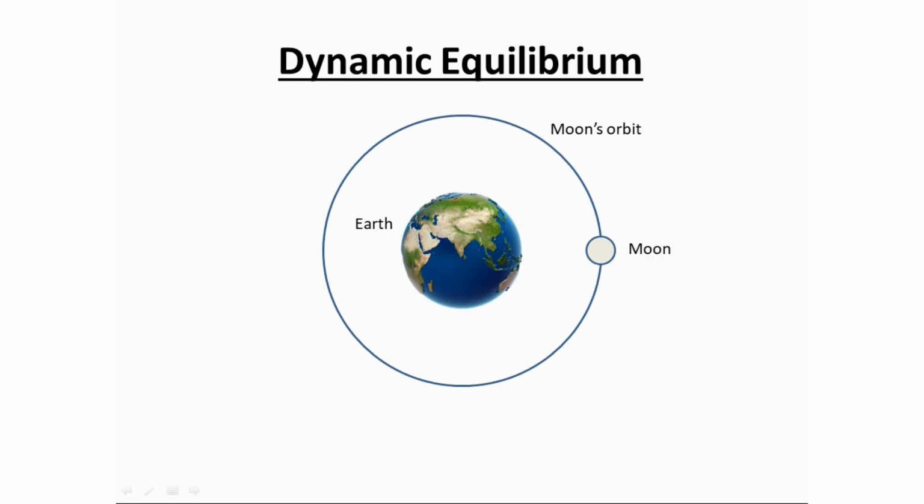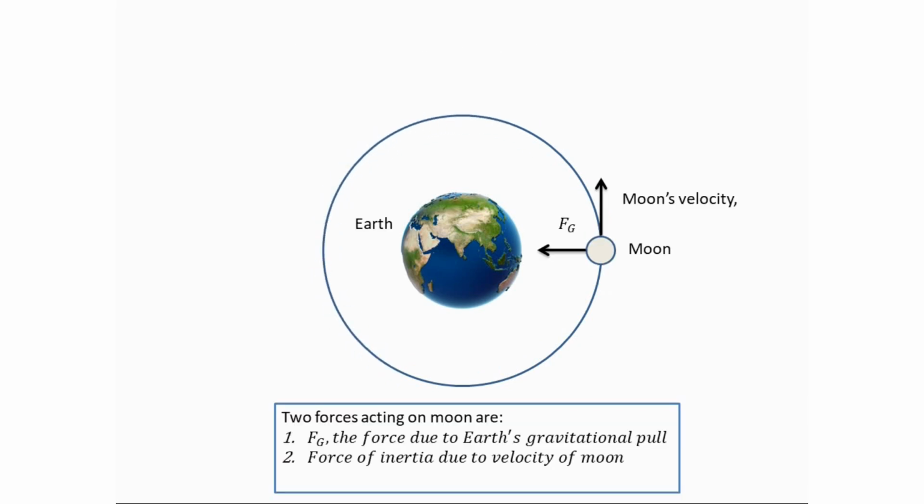Dynamic equilibrium. We all know that the moon revolves around the earth in the moon's orbit with a uniform speed. While revolving, the moon experiences two forces. First, the gravitational pull of the earth and second, the force of inertia due to the moon's velocity.